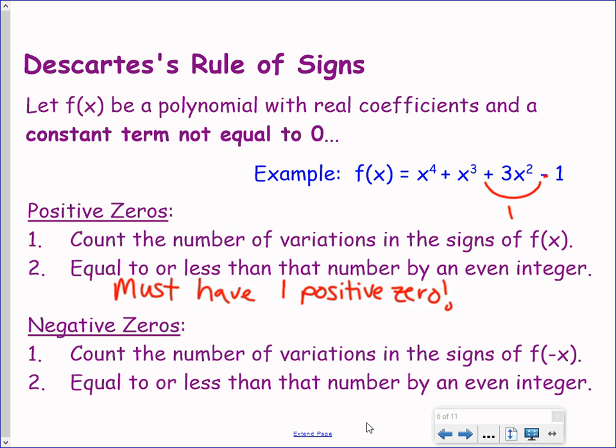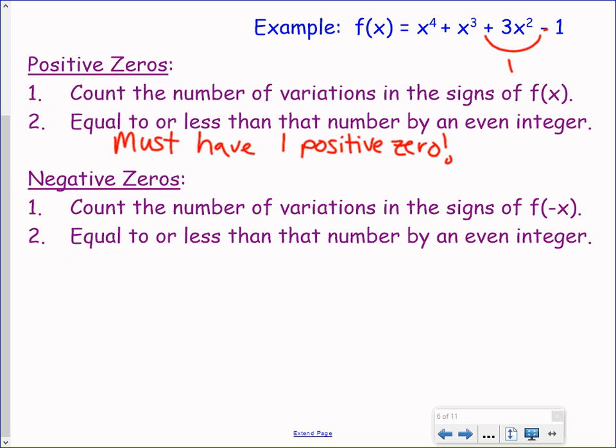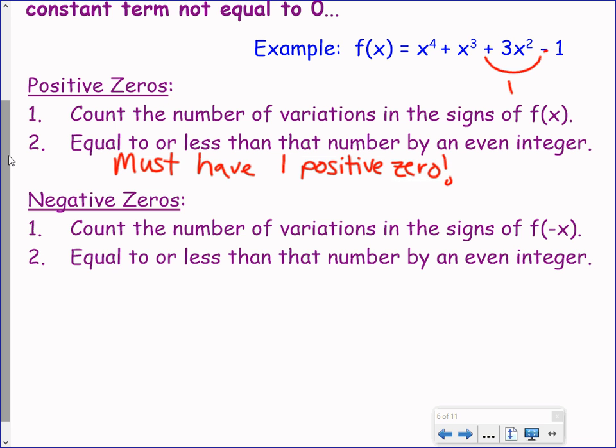To do the negative zeros, I am going to go to f of x, but instead of counting the sign changes there again, I've got to do f of negative x. So remember, when you plug in the negative x, you have to think about, when I'm doing negative x to the fourth, raising it to an even number, it's going to end up being positive, and it's going to keep its same sign.